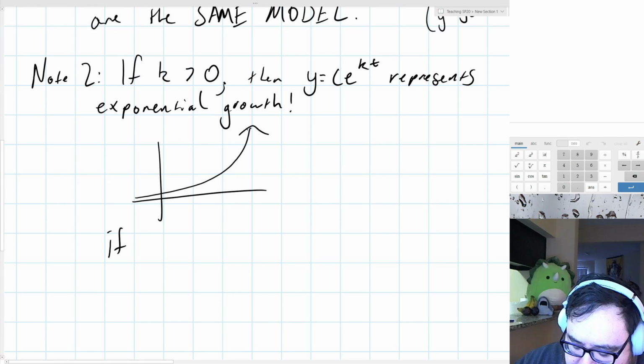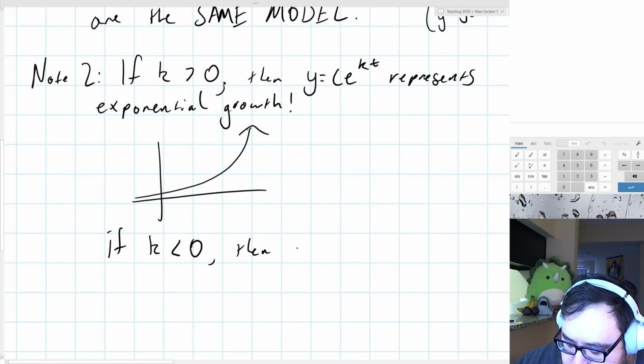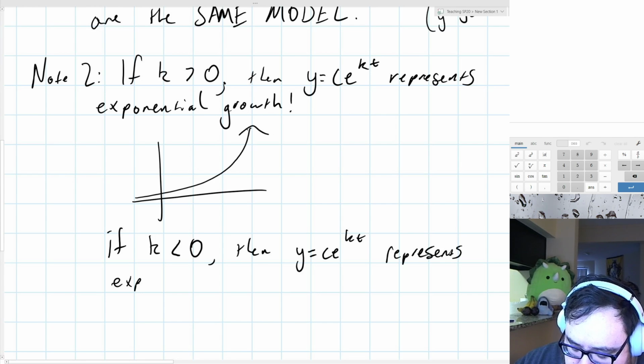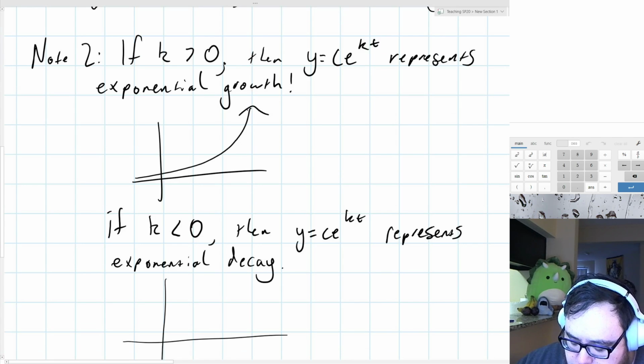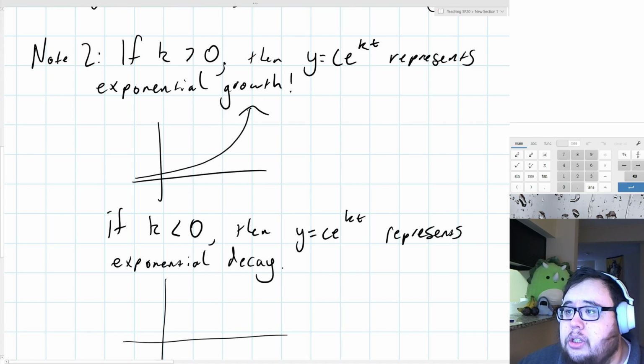If k is less than 0, then y equals c e to the kt represents exponential decay. And exponential decay looks like exponential growth, just flipped horizontally, right?